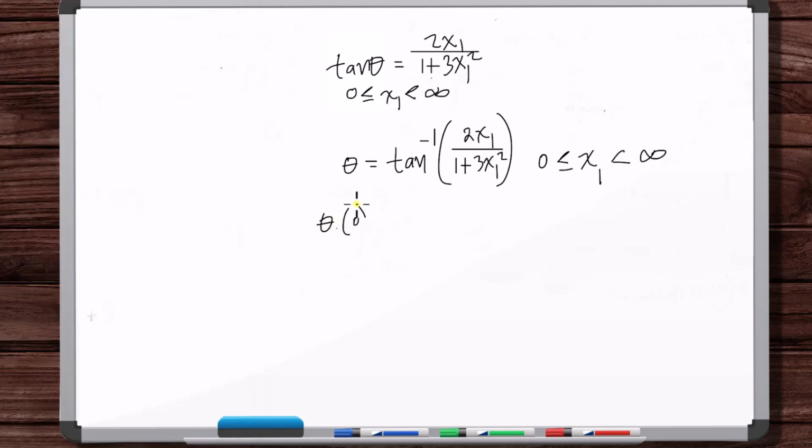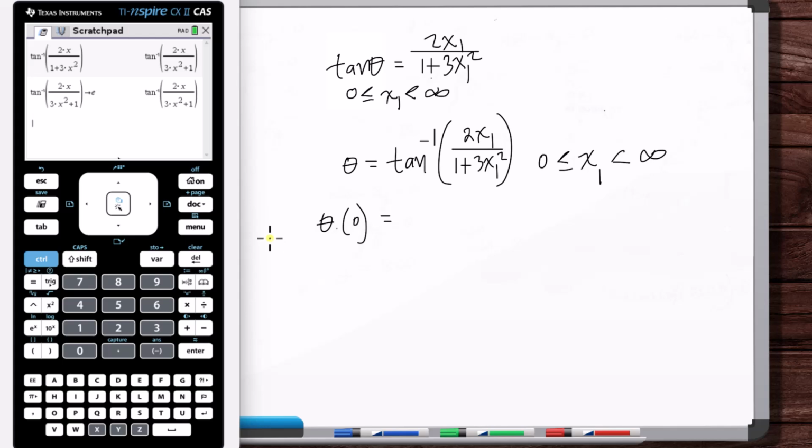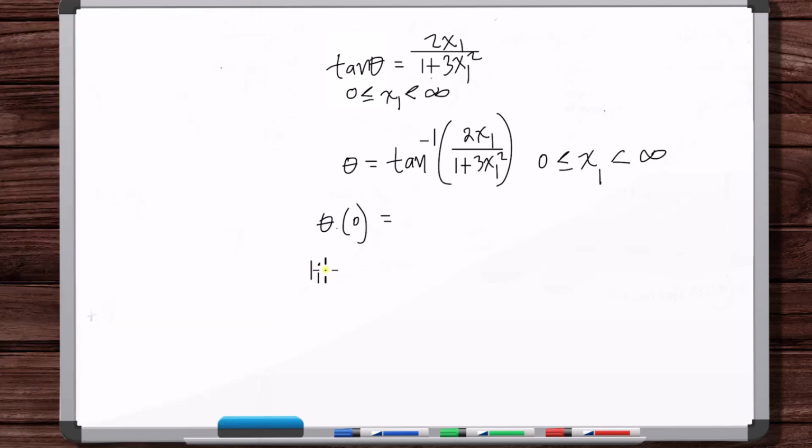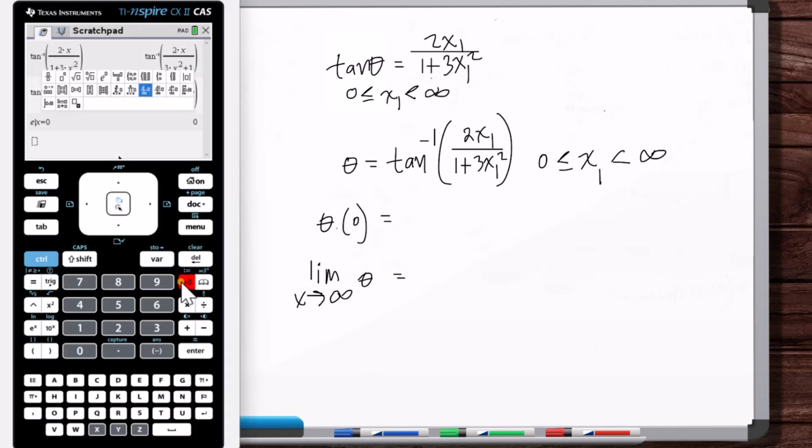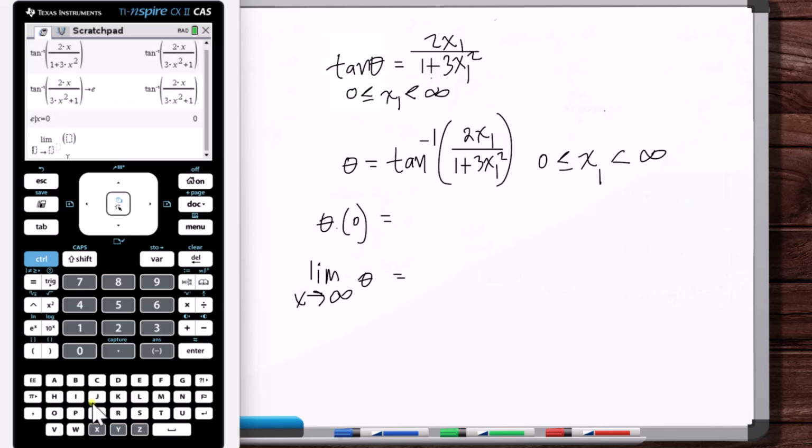That's going to be 0 based on the diagram, but let's check because we want to check the endpoint behavior. 0. Now, for the other endpoint, what is the limit as x approaches infinity of theta? That also goes to 0.